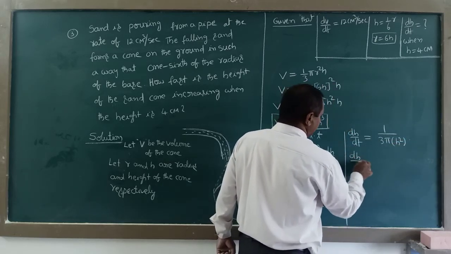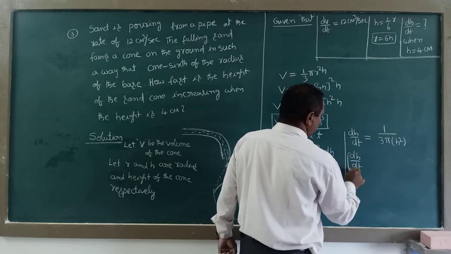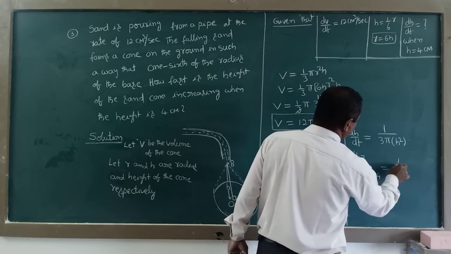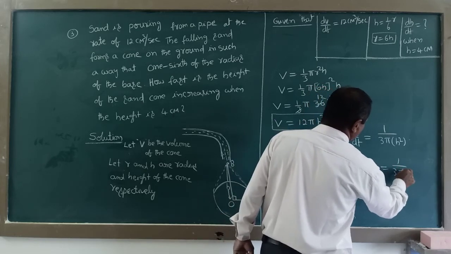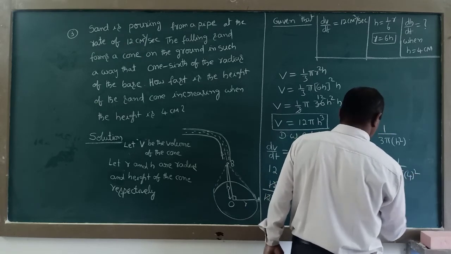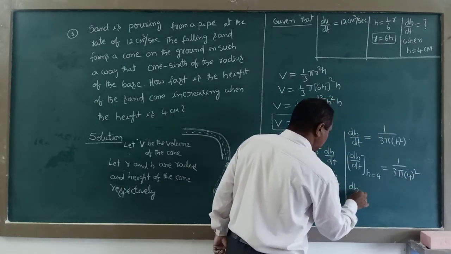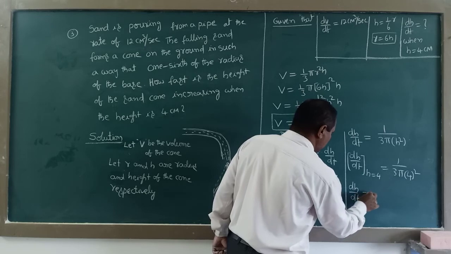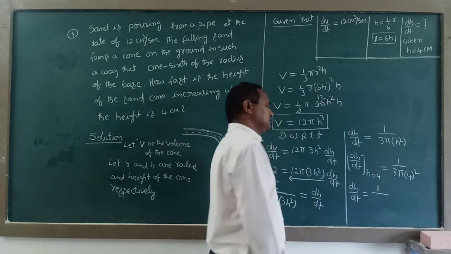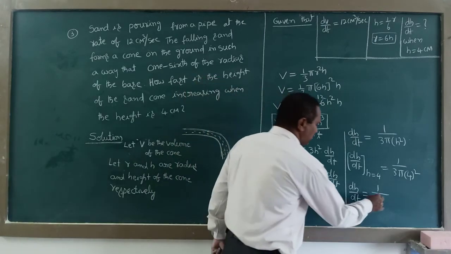That is dh by dt when h is equal to 4 centimeters, it becomes 1 by 3 into pi into 4 square. That is dh by dt is equal to 1 by, 4 square means 16, 16 3s are 48 pi.